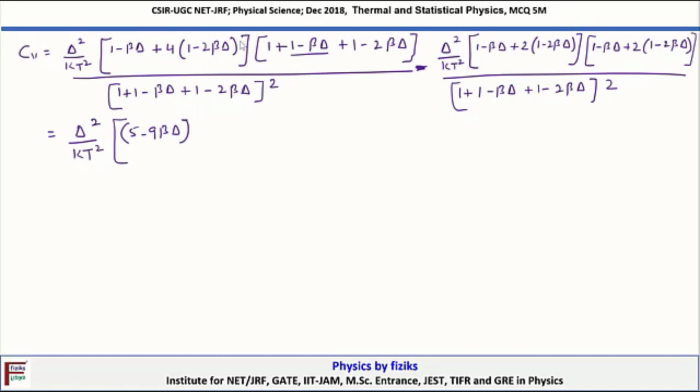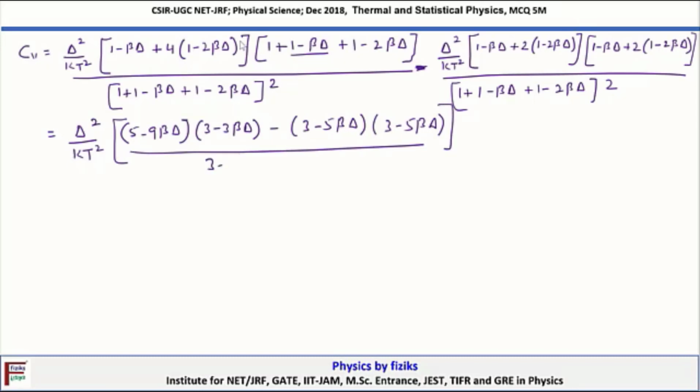Then multiply by 3 minus 3 beta delta minus 3 minus 5 beta delta, multiply by 3 minus 5 beta delta, and in the denominator we will have 3 minus 3 beta delta, its square. This can be further approximated by neglecting the higher order terms.